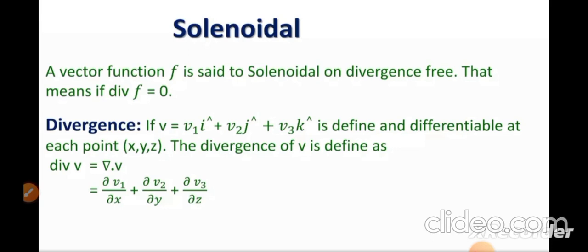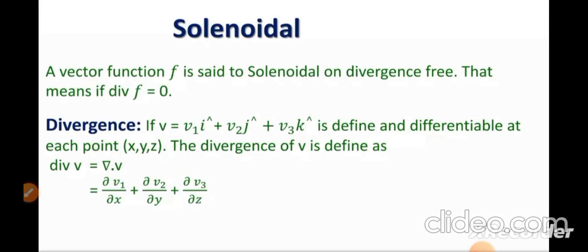dou V1 by dou x. i dot i vector value is 1. So we will be getting dou V1 by dou x plus dou V2 by dou y. Here j dot j is 1, plus dou V3 by dou z. Here k vector dot k vector is equal to 1. So the formula for del dot V is dou V1 by dou x plus dou V2 by dou y plus dou V3 by dou z.